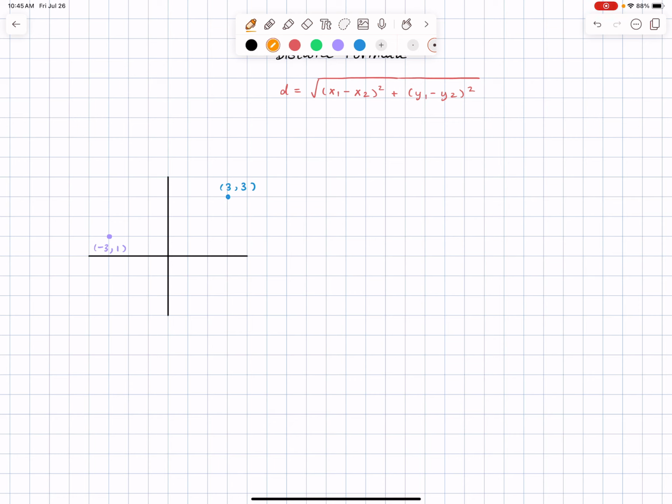So I have distance equals, let's go ahead and label this actually, x1. It doesn't matter which one's x1 or x2, but just make sure you're consistent for the y because the subscripts have to stay the same. So the blue is going to be my 2s and the purple is going to be my 1s.